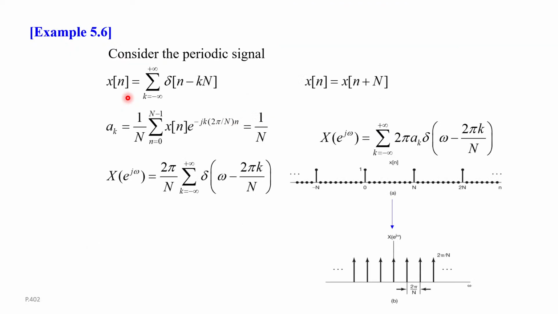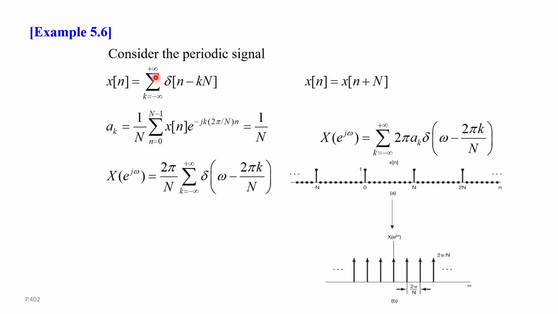And also another slightly more interesting example. So it's like impulse train to impulse train. Although, for the continuous case, remember we have impulse train. If you have a whole bunch of delta, then you Fourier transform to get a whole bunch of delta. So this is similar, but a little different, because now we have a discrete signal, and in discrete time this delta function is actually a finite thing.